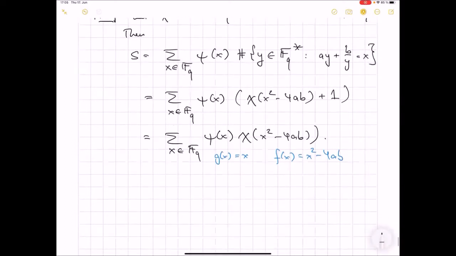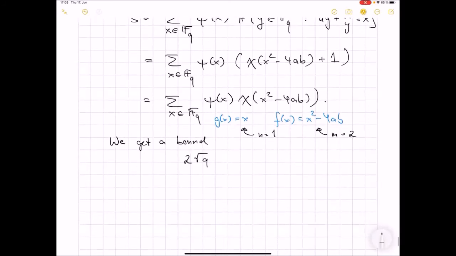And that's what I use here. So we get a bound. Here we see n is 1, m is 2. So we get a bound n plus m minus 1, which is 2, times the square root of q, provided we have a counting lemma.